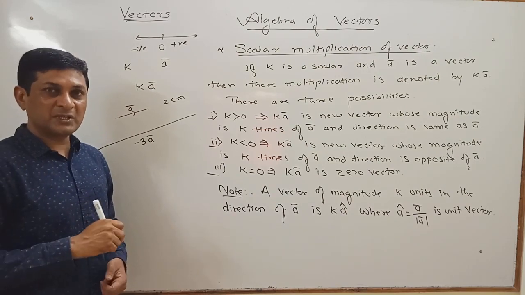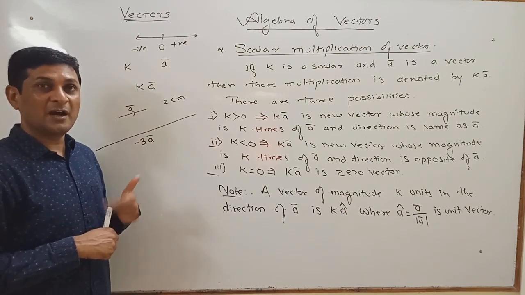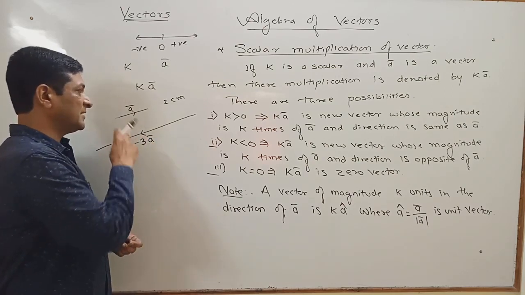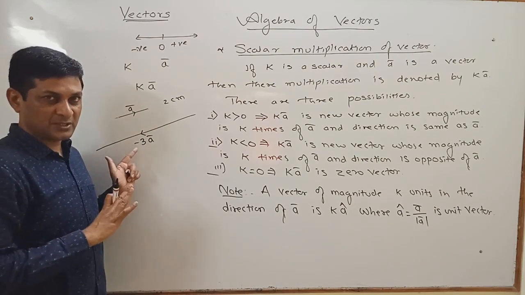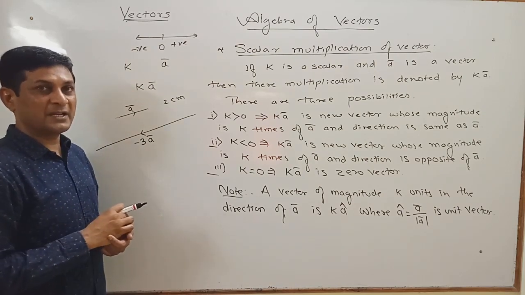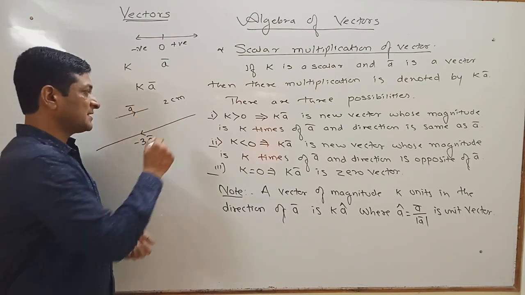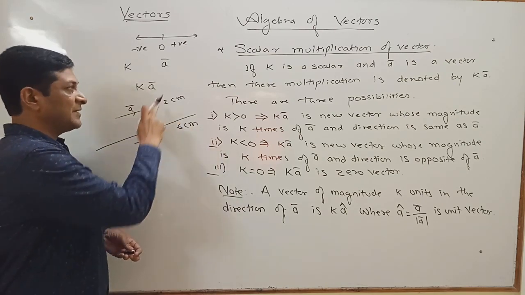At that time we saw that the minus sign shows the direction is opposite of a bar. So the direction of this new vector is opposite of a bar. This minus sign simply shows the direction. Now let us discuss its magnitude. We are multiplying by 3, so 3 2s are 6, meaning the magnitude of this new vector will be 3 times that of a bar.